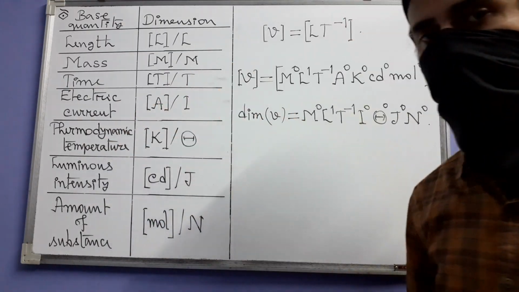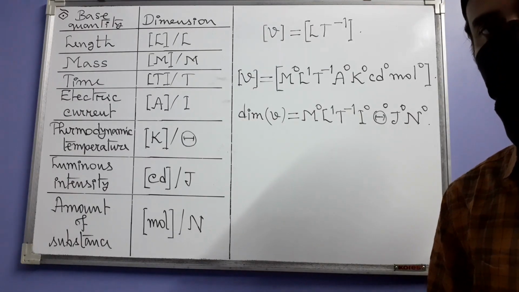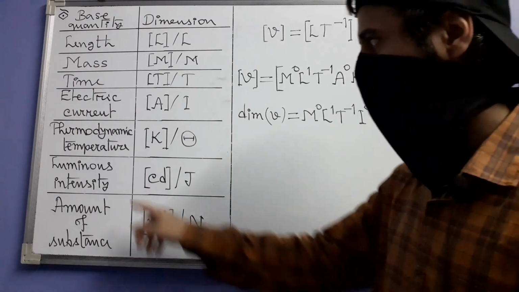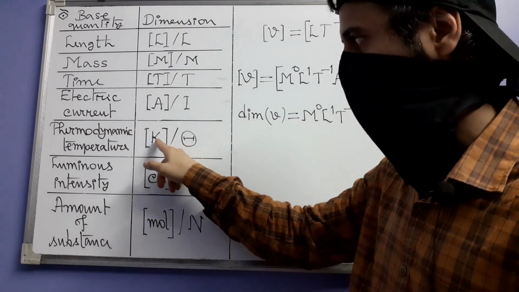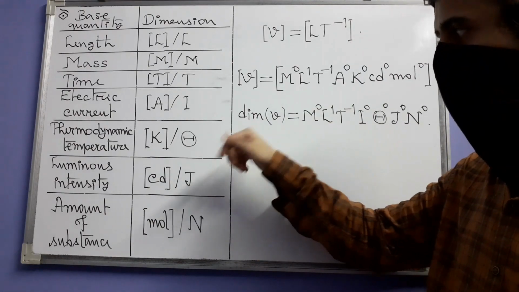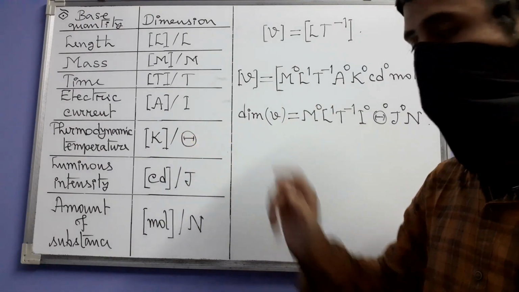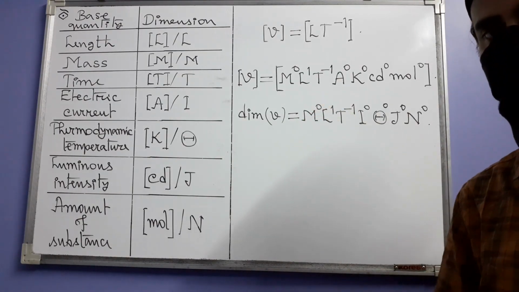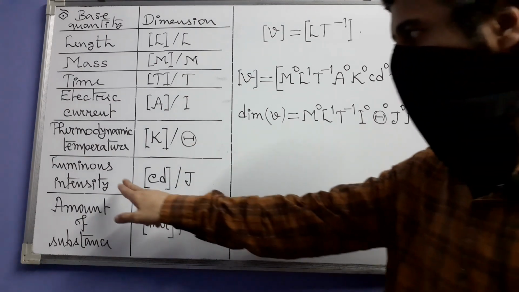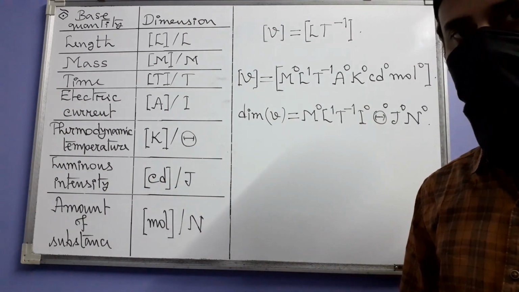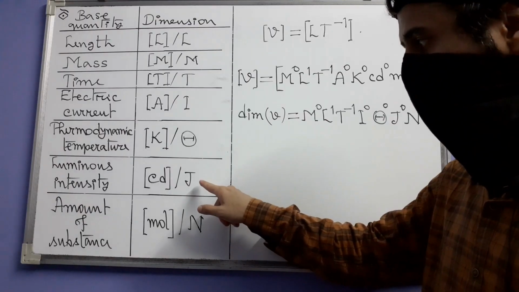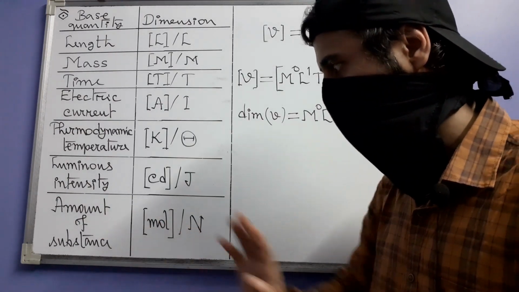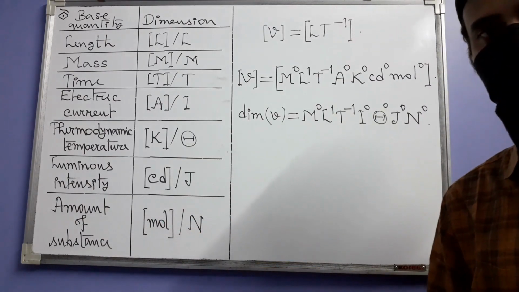Electric current has dimension capital A within square brackets. In that other notation, they write I, capital I. Thermodynamic temperature, we denote its dimension by capital K within square brackets. In that other notation, they denote it by theta, capital theta. Normally the theta that we write, that is small theta, this is capital theta. We denote the dimension of luminous intensity by Cd within square brackets. They denote it by J, and the dimension of the amount of substance for us is mole within square brackets.